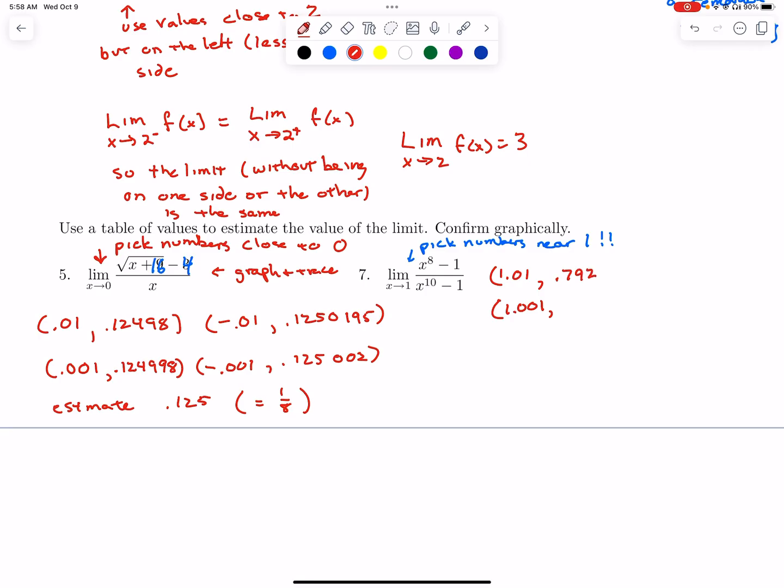Let me just write these down. What's just to the left of 1? 0.9. Yeah, 0.99, 0.999. I'm going to say my estimate is 0.8.